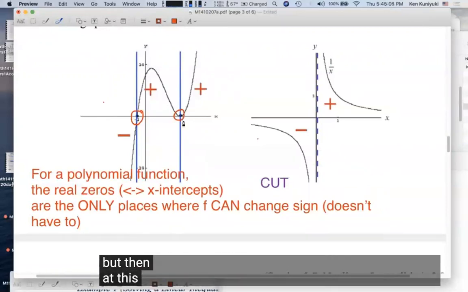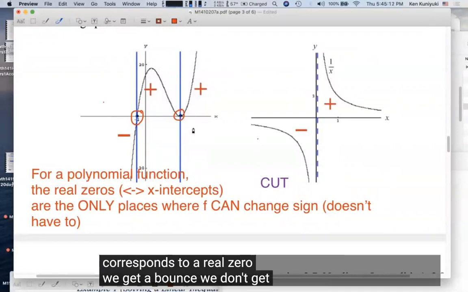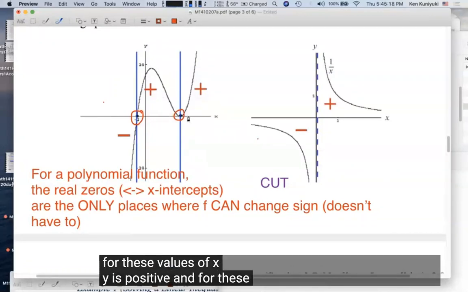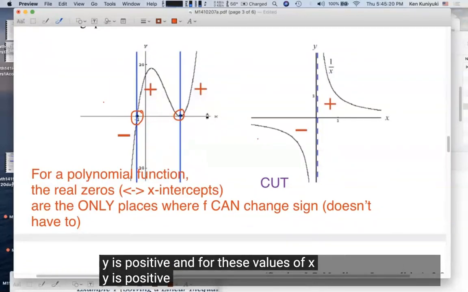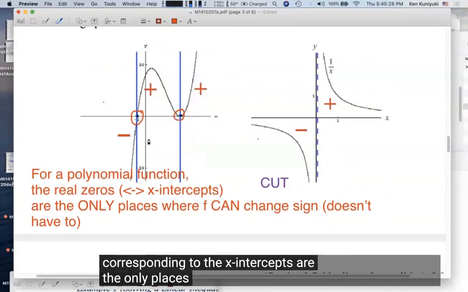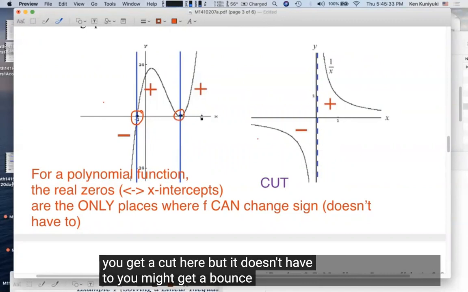But then, at this x-intercept over here, which corresponds to a real zero, we get a bounce. We don't get a cut, we get a bounce, which means that we don't change sign. For these values of x, y is positive, and for these values of x, y is positive. So for a polynomial function, the real zeros are the only places where the function can change sign. You get a cut here, but it doesn't have to. You might get a bounce.